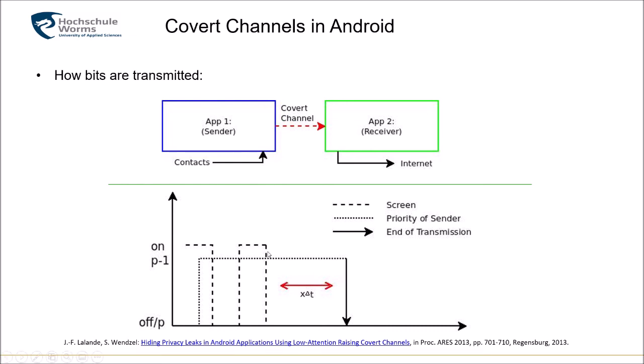And now the screen goes off again, and now the covert receiver measures the time between the screen being turned off and the process priority being set back to P. This time slot is divided by T, delta T, and the resulting value represents the hidden symbol.